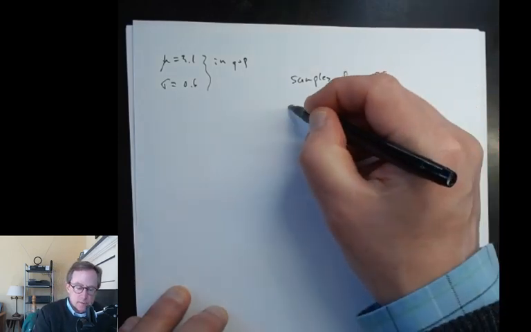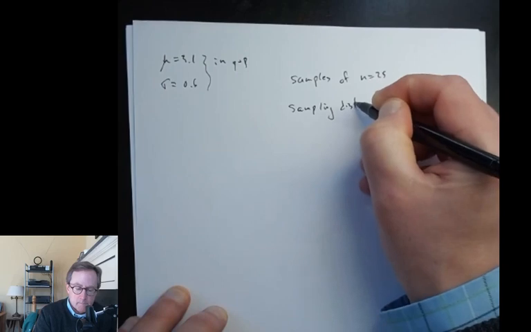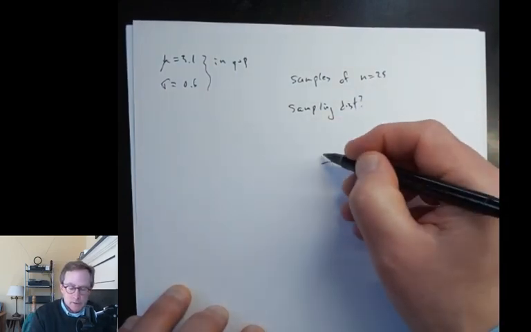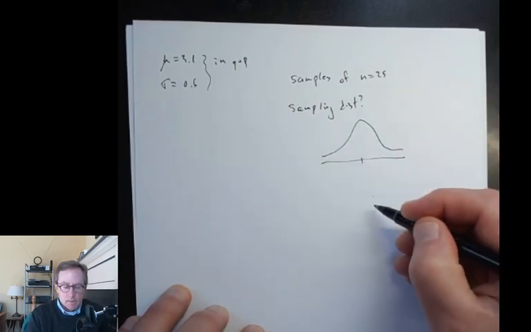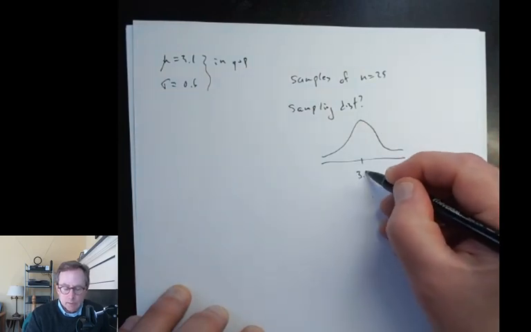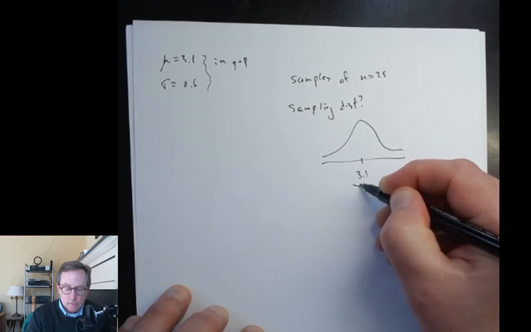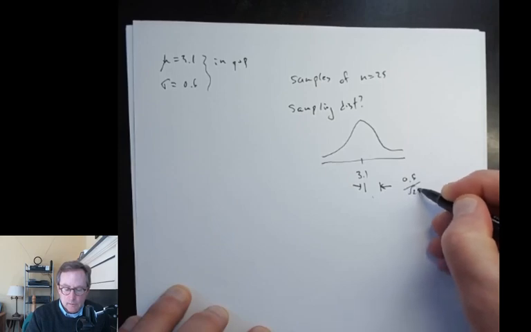So what's the sampling distribution? Well, the sampling distribution has to be a bell curve. It's got a middle, and the middle is the same. The middle over here was 3.1, so the middle here has to be 3.1. The spreadedness is different, though. The spreadedness is going to be smaller: 0.6 over the square root of 25.